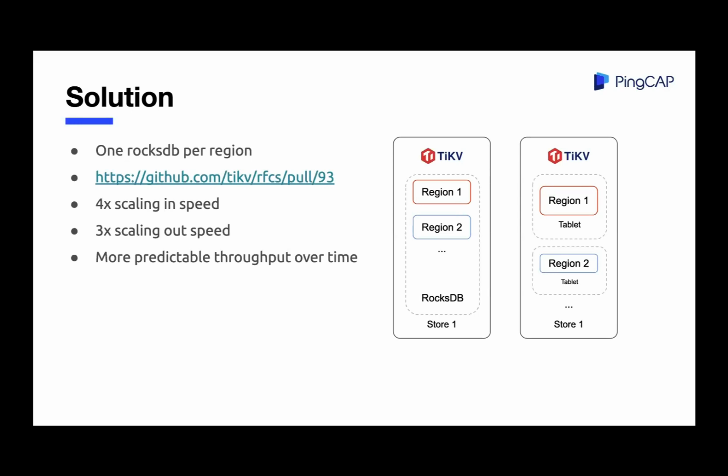And yes, compaction is in the background. So RocksDB supports sharing the environment, which defines the file system and so on. So we made all the RocksDB instances share the same environment, so we can control the rate limits.